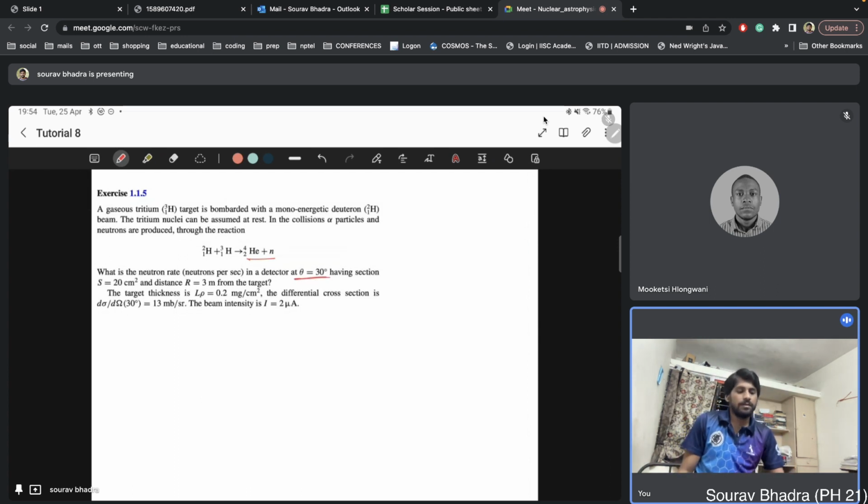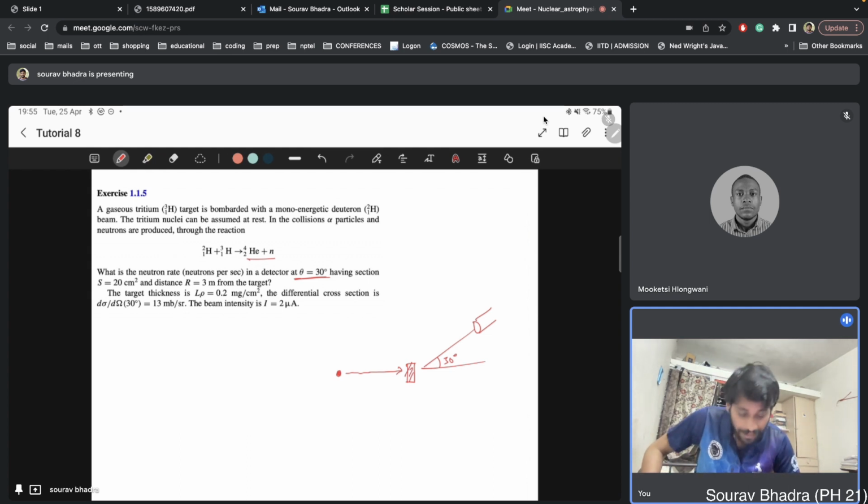So this is the problem. This is the bombarding element, this is the target, the reaction is happening, and the detector is somewhere like this, at an angle of 30 degrees. The cross section of the detector is given, that means the area is 20 square centimeters, and the distance from the target and the target thickness are also given.